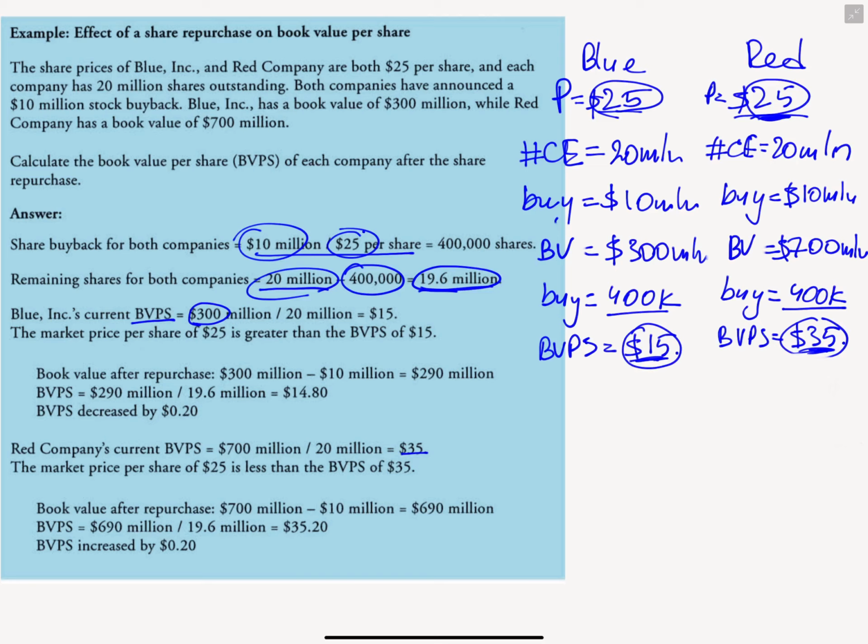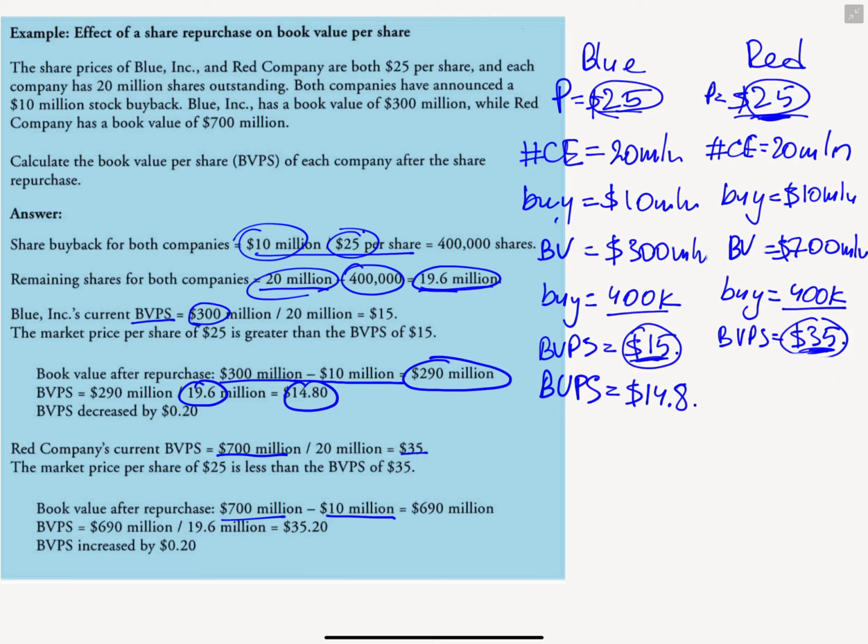For the blue company, book value will be like this. This is the calculation. Book value will fall and the number of shares will also fall. So the new book value per share is 14.8.